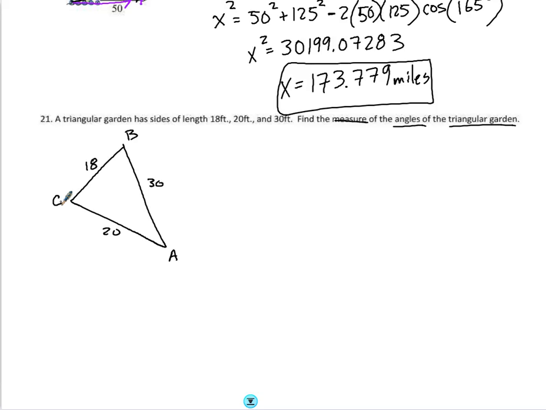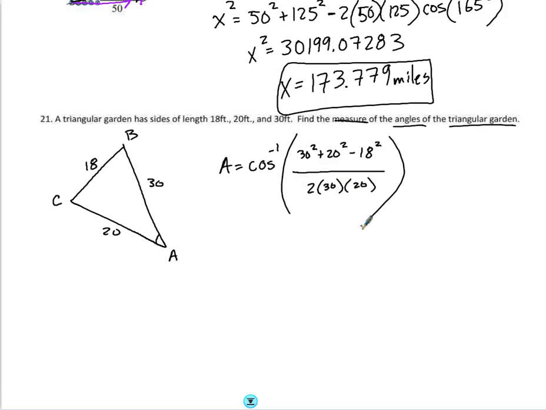cosine inverse of the two sides adjacent, 30 squared plus 20 squared minus 18 squared, over 2 times 30 times 20. I'm just pulling that out of the formula.